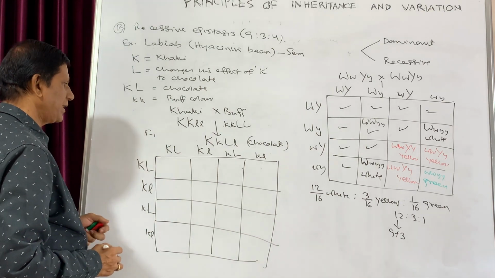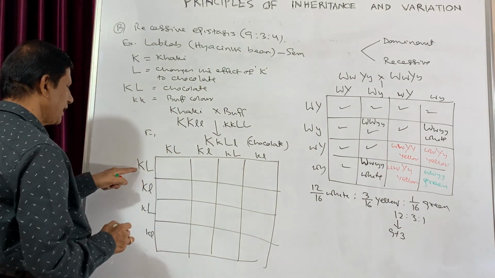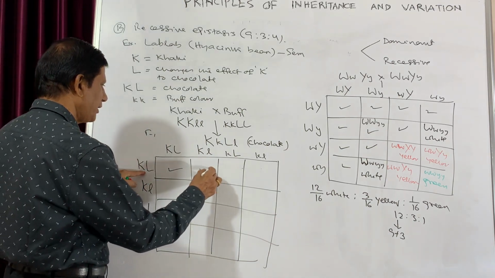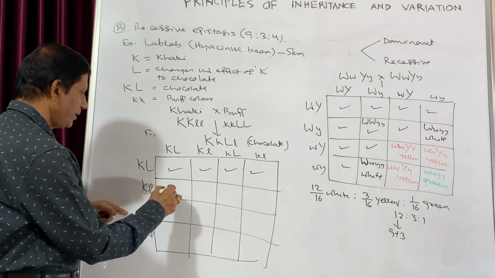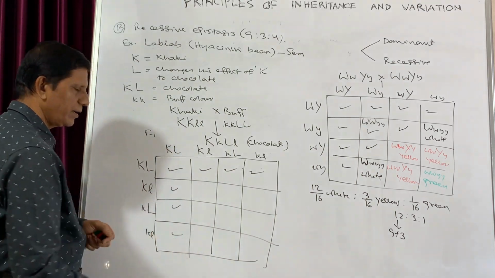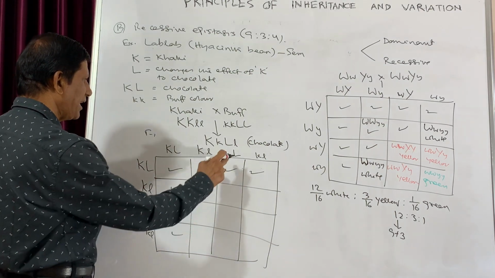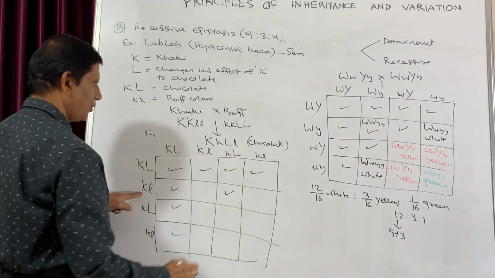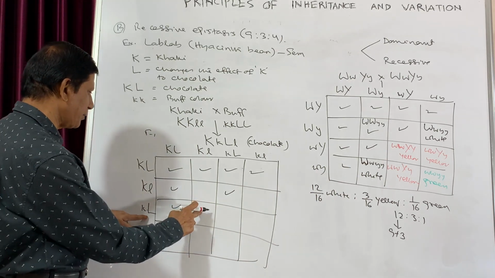So in this case, what is happening, you see, at how many places both the dominants are present. Here both the dominants are present, means all these will have both dominants. Here both are present, means all these will have both dominants. Now here capital K is there, here capital L is there. So this will also have both dominants. Then another is this place.